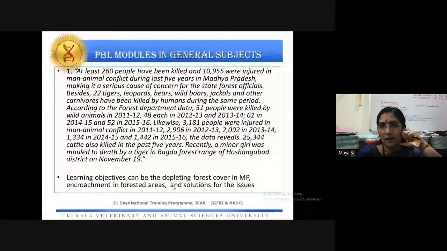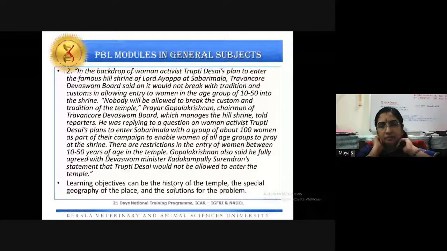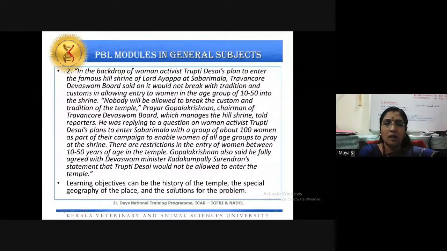Now, again, we will see another example. See here, there was news that previously women were not allowed in Sabarimala. But recently there was a confusion regarding this, and women used to move to that particular temple.